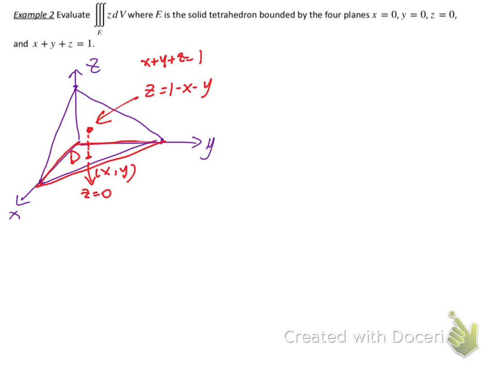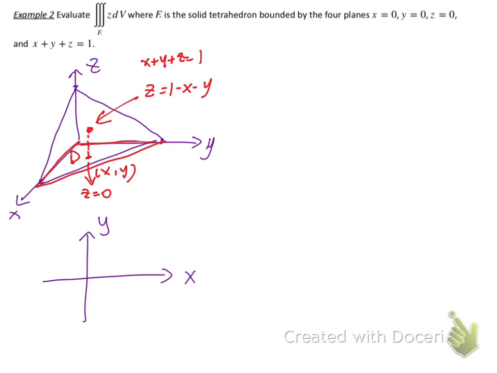And how about D? How does it look? When you graph it again, you sort of rotate this thing 90 degrees.